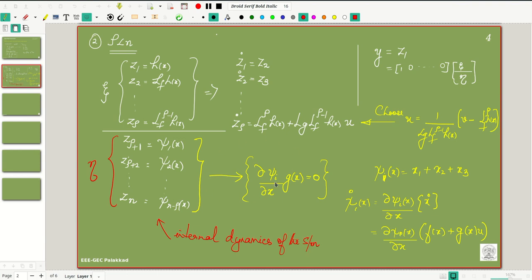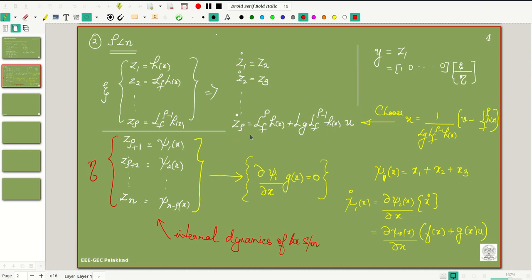So let me explain it once again. If the relative degree of a system is less than n, what do we have to do? At the rhoth derivative, that is z rho dot, we will have the u term appearing in the equation, so we have to stop with that.